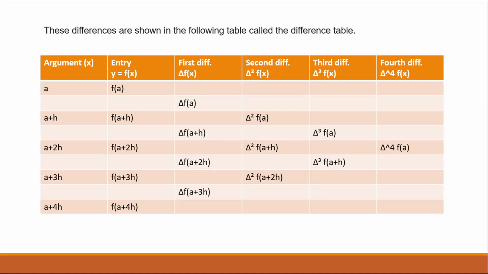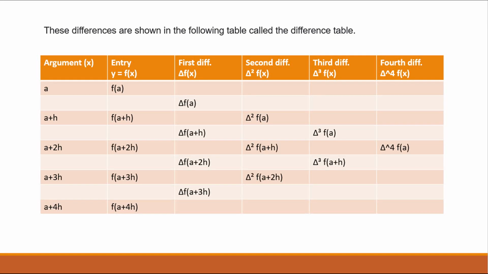First difference, delta f of x: delta f of a is equal to f of a plus h minus f of a, delta f of a plus h is equal to f of a plus 2h minus f of a plus h, delta f of a plus 2h is equal to f of a plus 3h minus f of a plus 2h, delta f of a plus 3h is equal to f of a plus 4h minus f of a plus 3h.